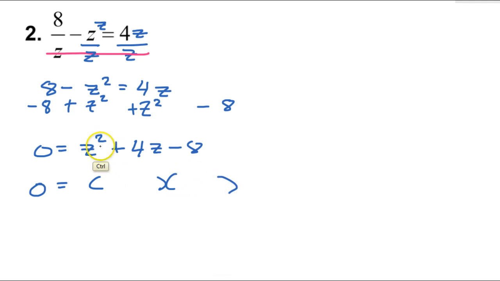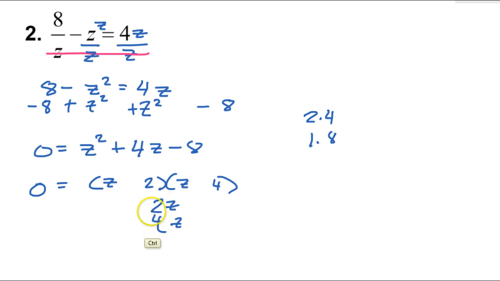This does not factor. Z squared factors as z times z. 8 is either going to be 2 times 4 or 1 times 8. Say if I do 2 times 4. Inner, I have 2z. Outer, I have 4z.